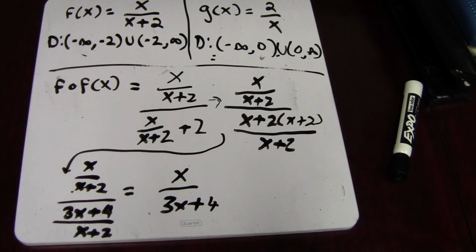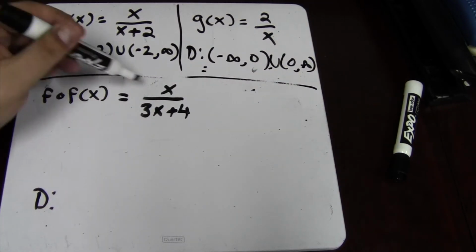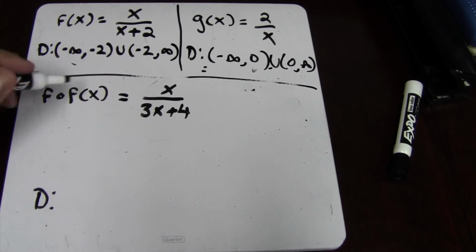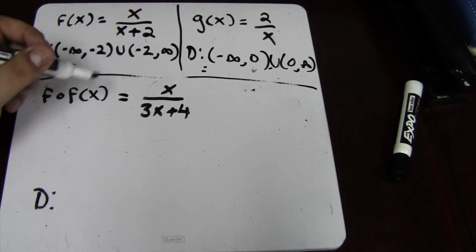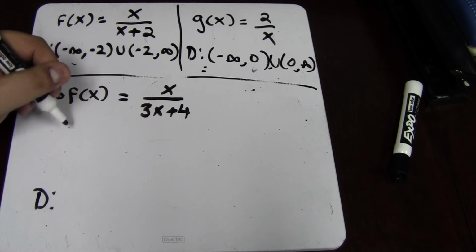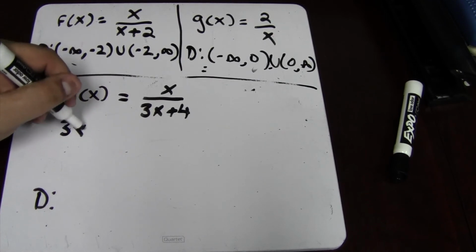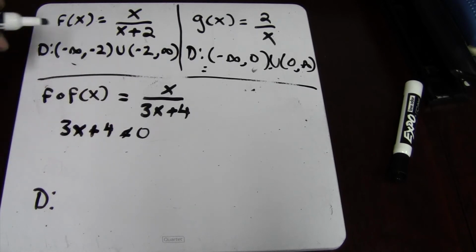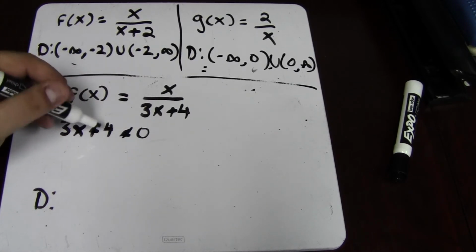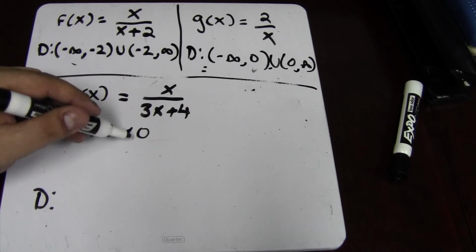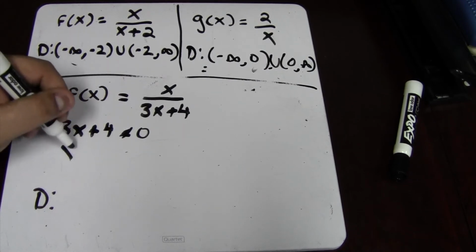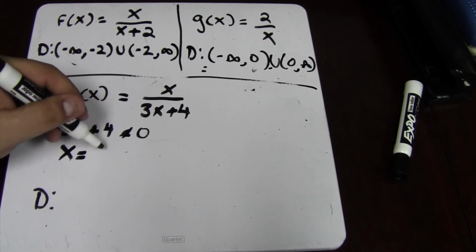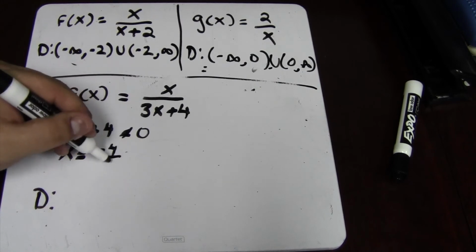So I'm going to make some room here and then we'll find the domain of this. Okay, so we found out that f of f is going to be this. Now what we need to first note is that if we look at this denominator, we don't want this to equal 0, right? So doing the algebra here, subtracting the 4 and dividing by 3, we see that x cannot equal -4 over 3.